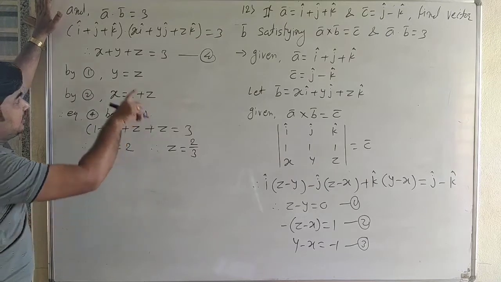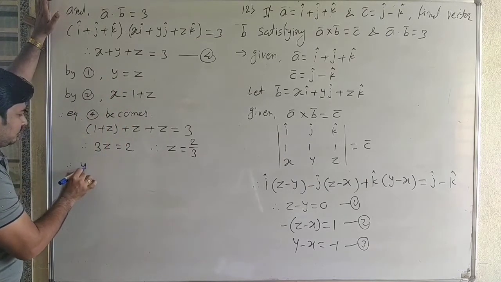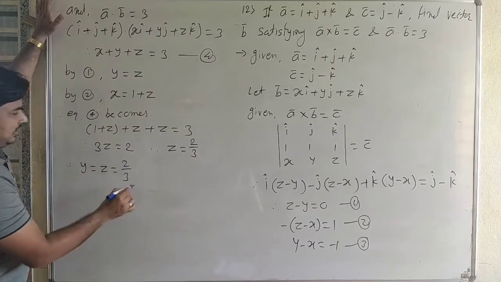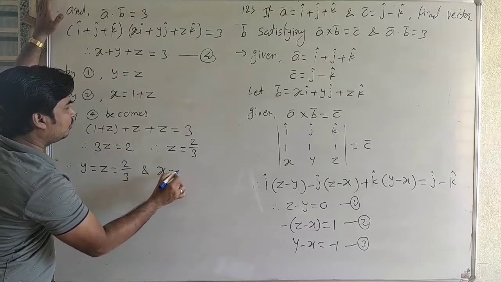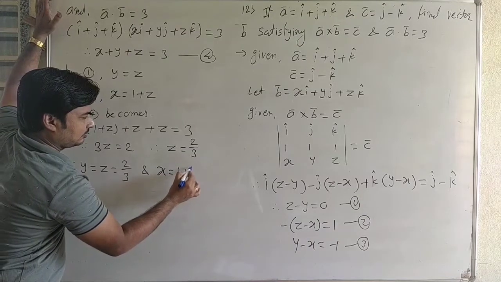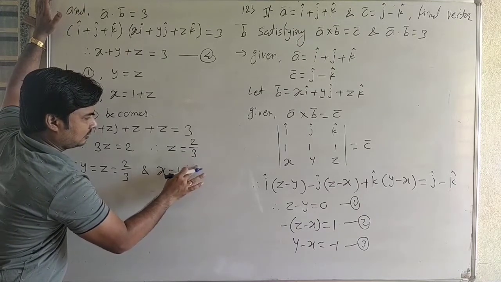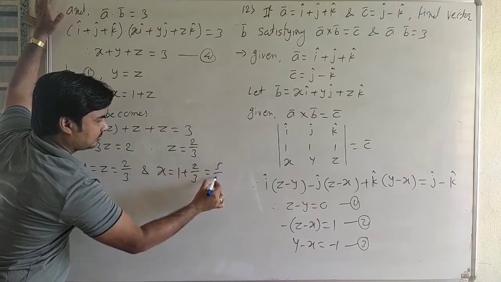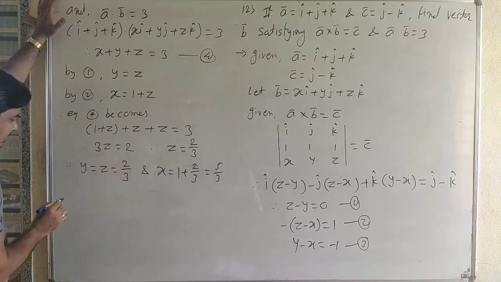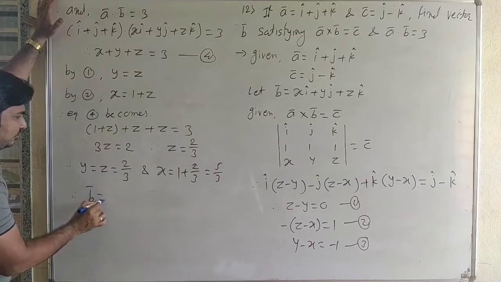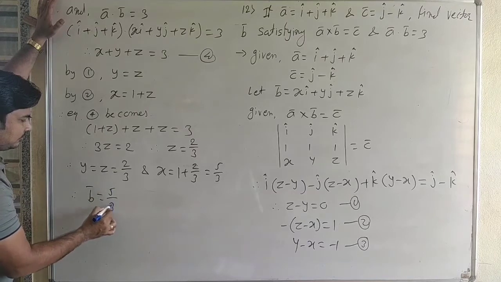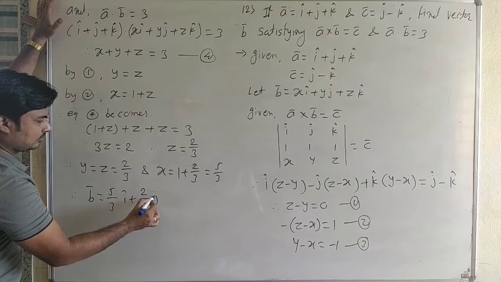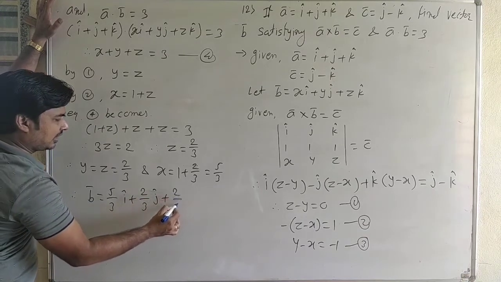And z is equal to y. Therefore y is equal to z, that means y is equal to 2 by 3, and x is equal to 1 plus z, that is 1 plus 2 by 3, which is 5 by 3. Therefore b bar is equal to x i cap plus y j cap plus z k cap.